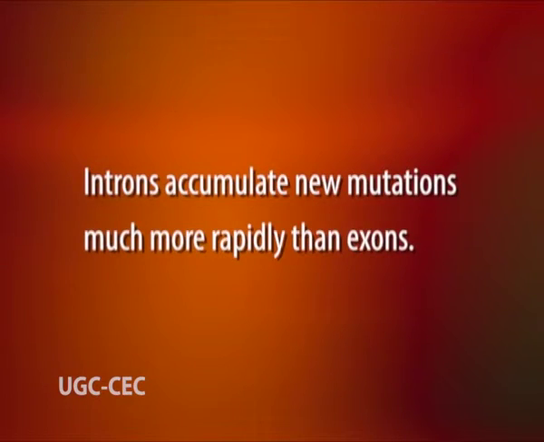They may play a role in regulating gene expression. In this way, it is expected to decrease the rate of transcript accumulation in a cell. Introns accumulate new mutations much more rapidly than exons.